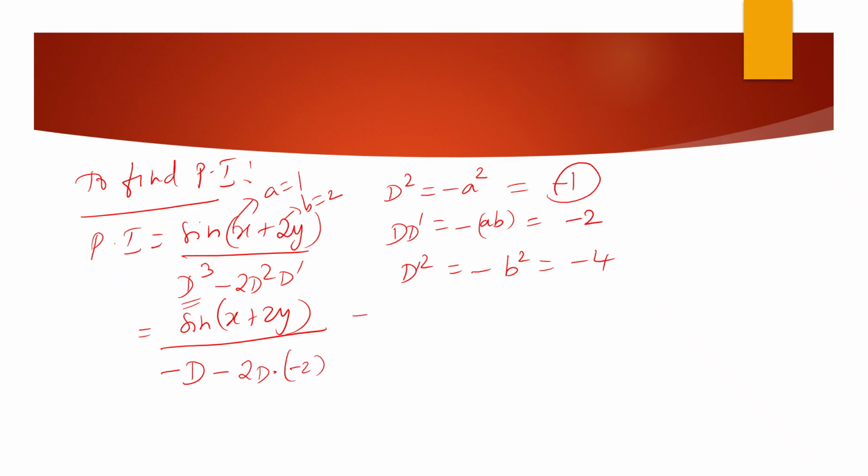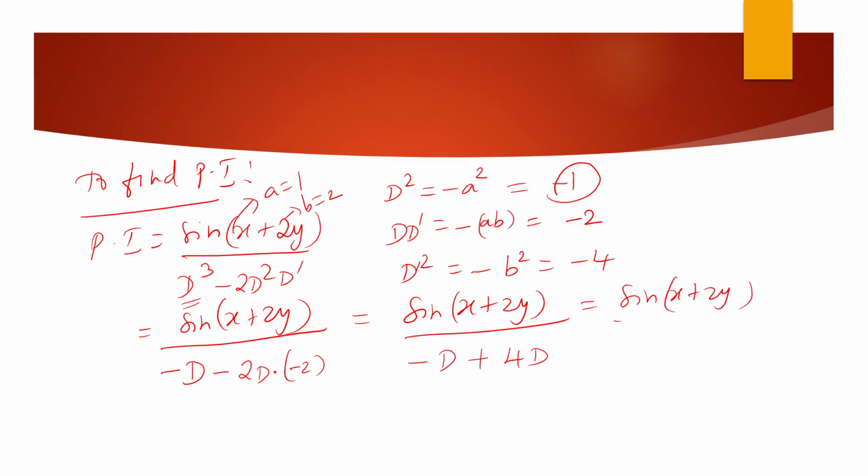From this what I'm getting is sine of x plus 2y by minus d plus 4d, which means sine of x plus 2y by 3d, that is 1 by 3 into 1 by d of sine of x plus 2y.